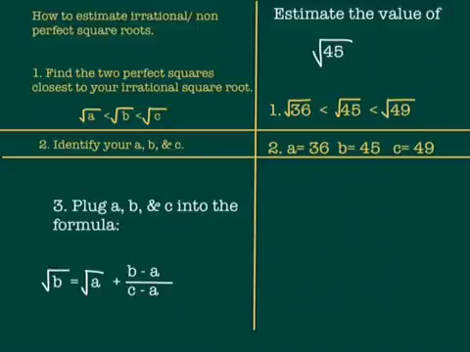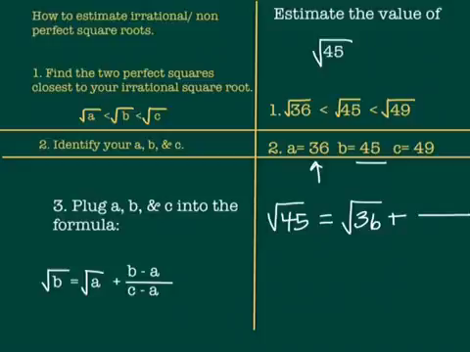So the square root of B, which is 45, is equal to the square root of A, which is 36, plus B, which is 45, minus A, which is 36, over C, which is 49, minus A, which is 36.